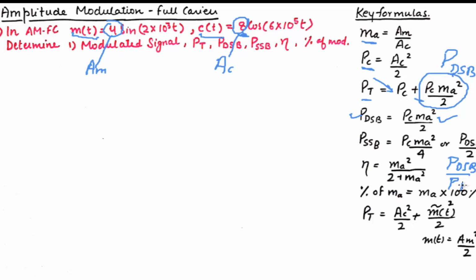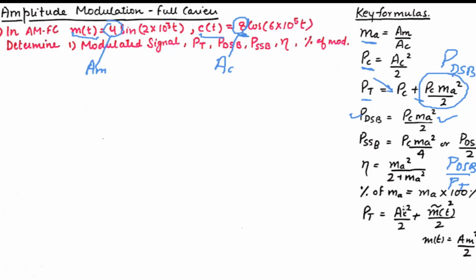So this is another way of expressing efficiency. And then we could express the modulation index in terms of a percentage by multiplying it with 100%, because in this case modulation index will always be lesser than 1. For values greater than 1, it is going to be an overmodulated signal. Again, theory, which I'm not going to get into.